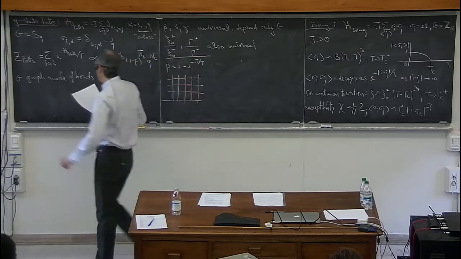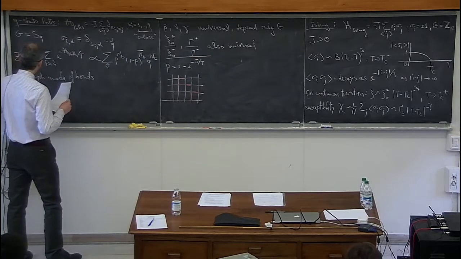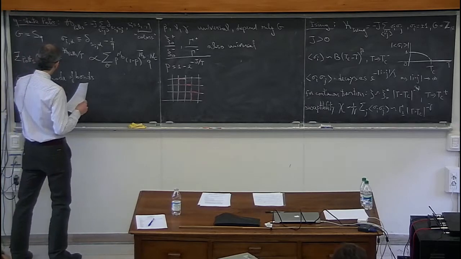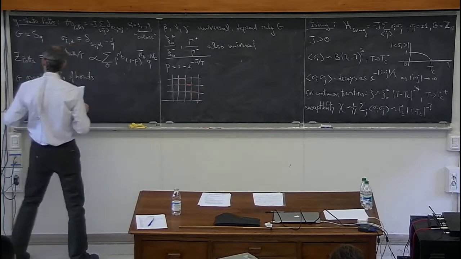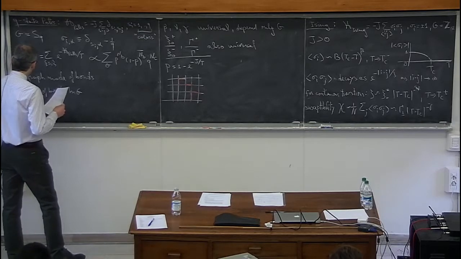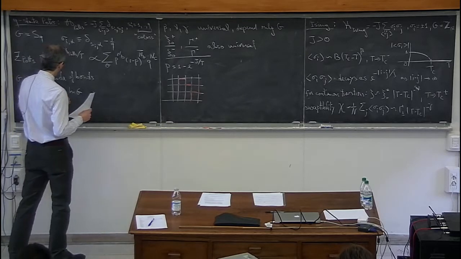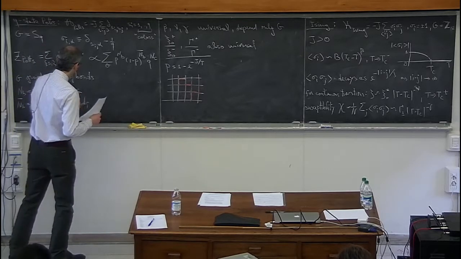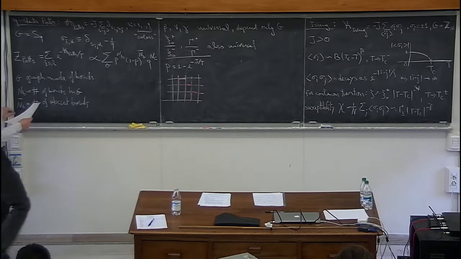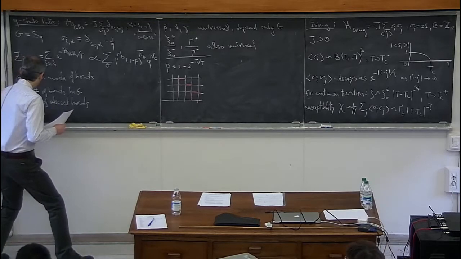Then n_b is the number of bonds in G, n_b bar is the number of absent bonds, and n_c is the number of clusters.